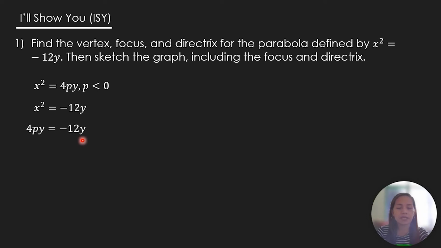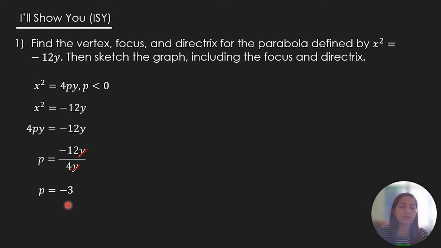On the left side, they cancel, and only p remains. Now, of course, on the right side it also cancels, and what will remain is negative 12 divided by 4. Negative 12 divided by 4 is equal to negative 3. And this simply means our p is equal to negative 3.